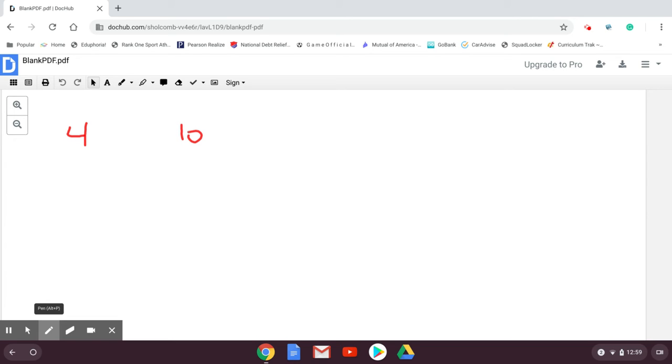And the area is 27.5 centimeters squared. So knowing that, we're trying to figure out what is the area of the larger pentagon.